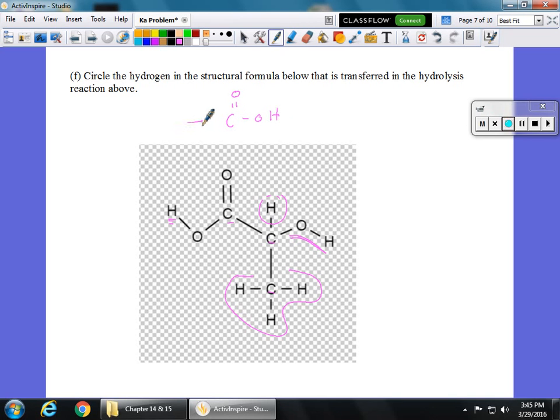This is the one that's going to be your acidic hydrogen, which is going to be this one right here, looking at the acid. So this part of our structure, I'll highlight that. This part in here is the organic acid section, the COOH group. So the only one that's actually going to behave like an acid is this hydrogen right here. So that's the one you should identify.